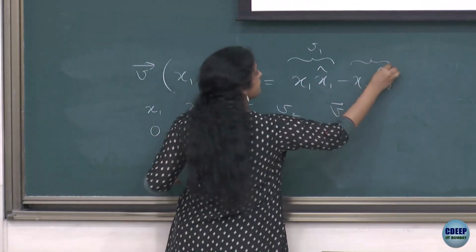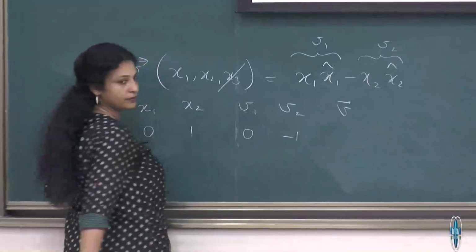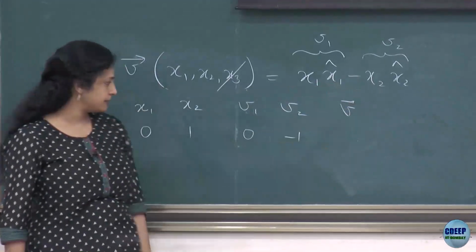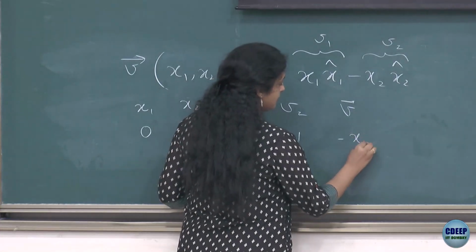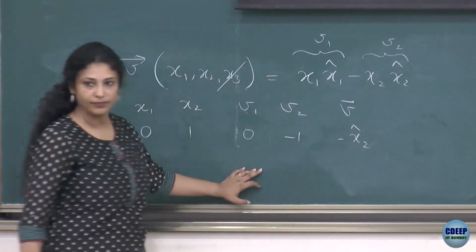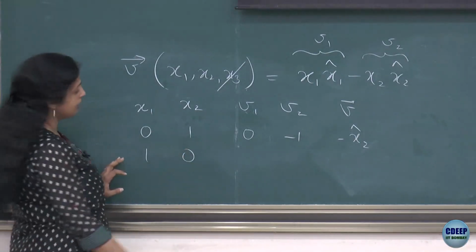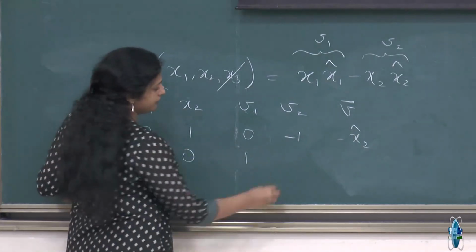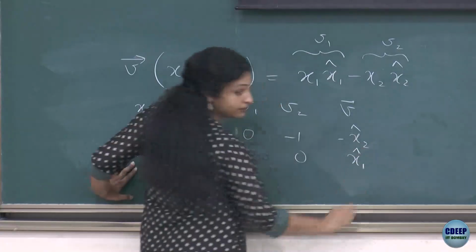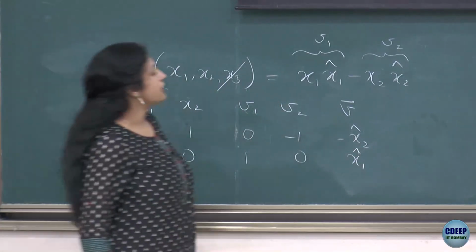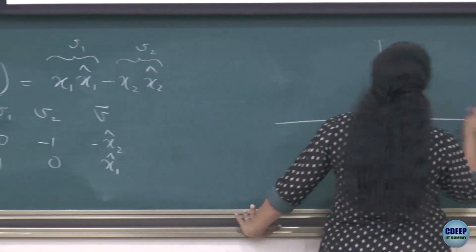V2 component, which is this, would be minus 1, that is minus x2 hat, right. So, my net velocity is minus x2 hat. Similarly, if we take 1 comma 0, V1 would be 1, V2 would be 0. So, my net velocity vector is x1 hat. We can simultaneously try to depict it on the graph.